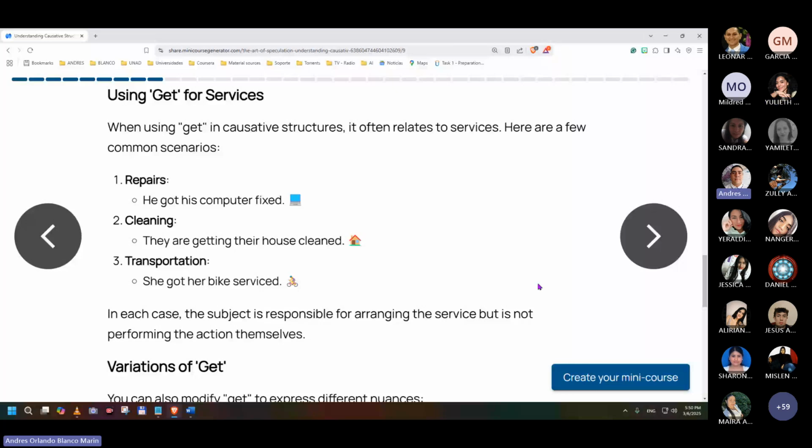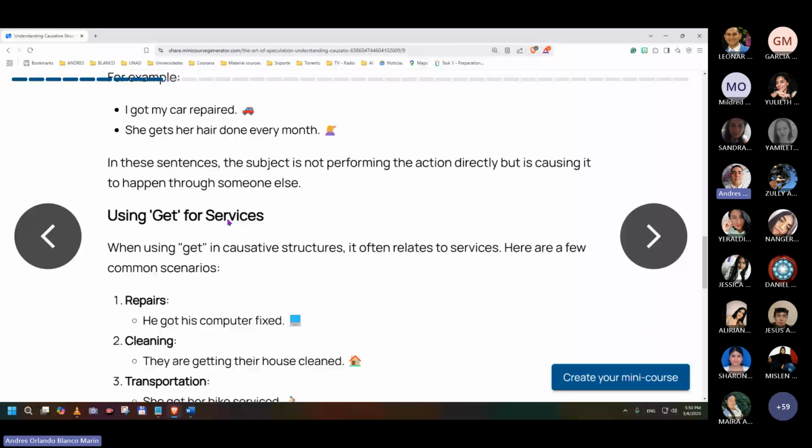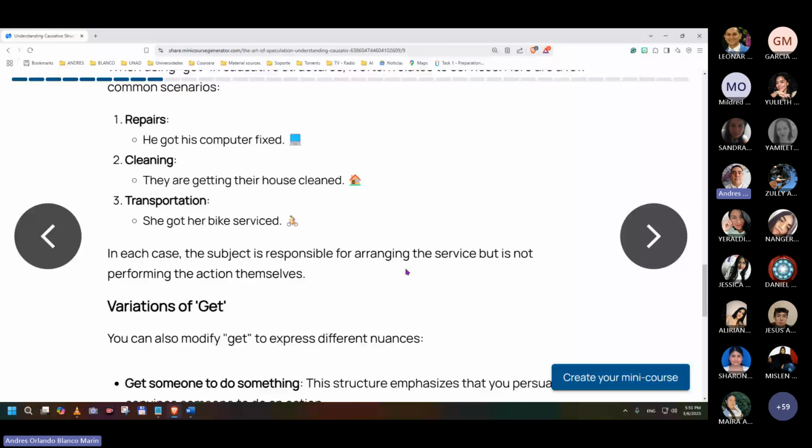So in each of these cases, when we are using get to obtain services, someone is doing the task, but the subject is responsible for arranging the service and possibly for paying for the service. But they are not going to perform the action themselves.